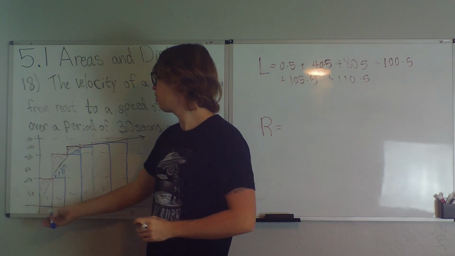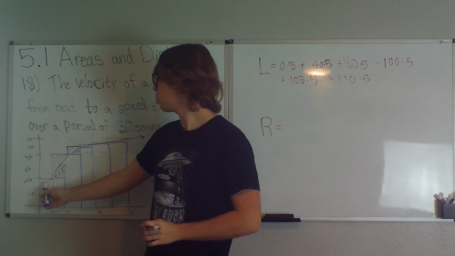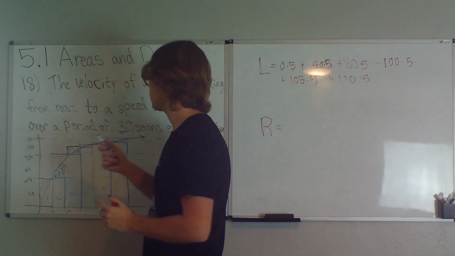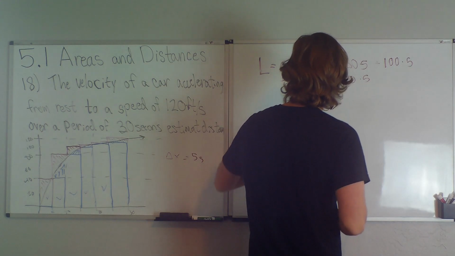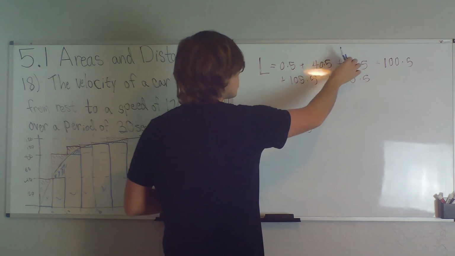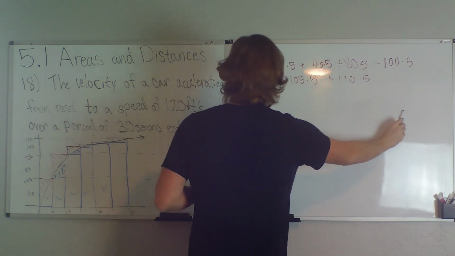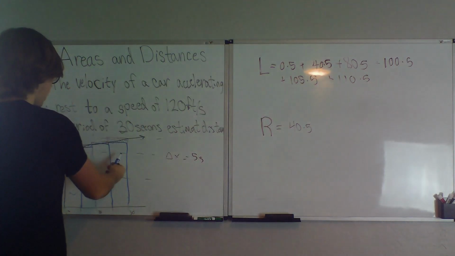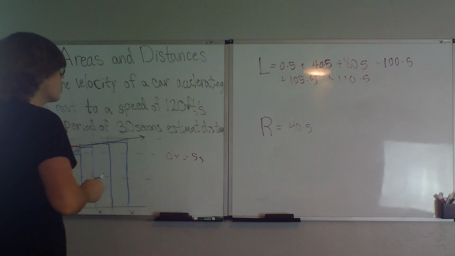Well, that's f of 5 times 5. Well, that goes all the way up to 40. So this is going to be 40 times 5. And what you're going to notice is the center terms, like this term, this term, this term, this term, and this term, will all be added here. And then we're going to add this final rectangle here where it goes up to 120, right?